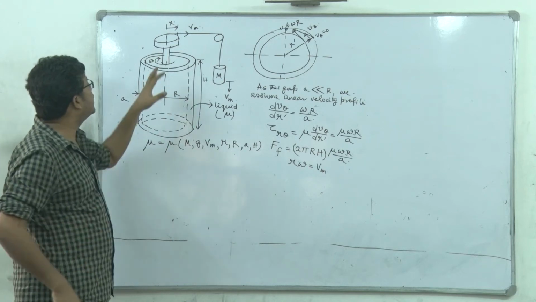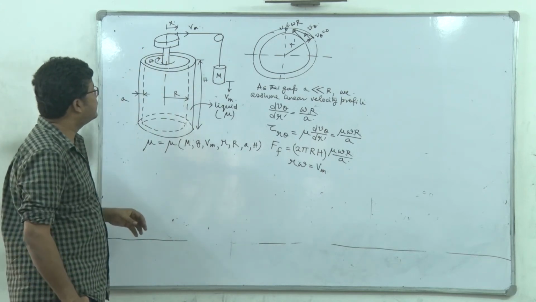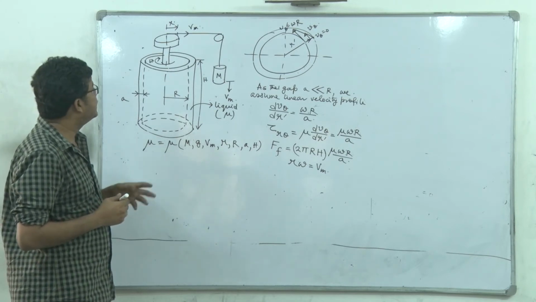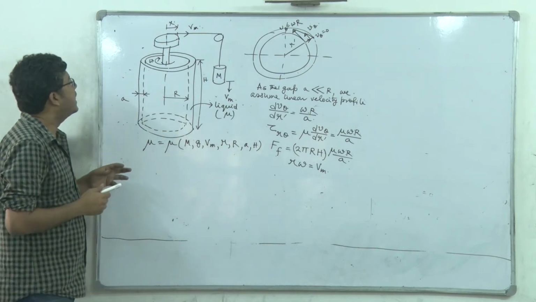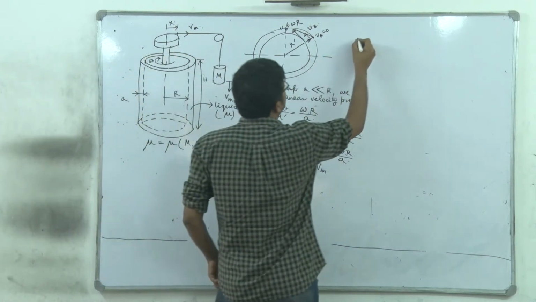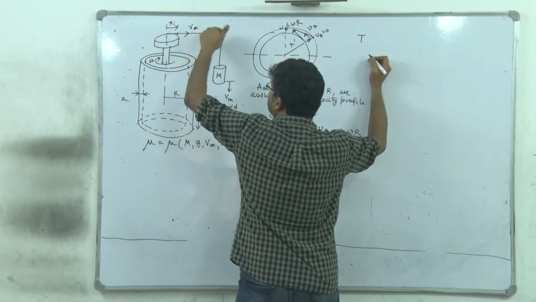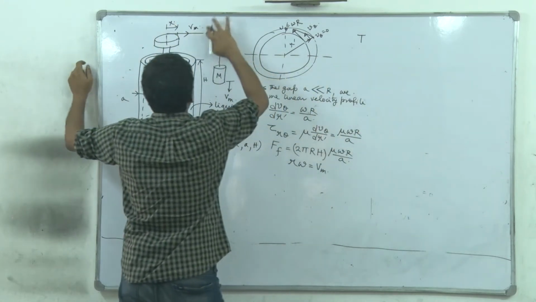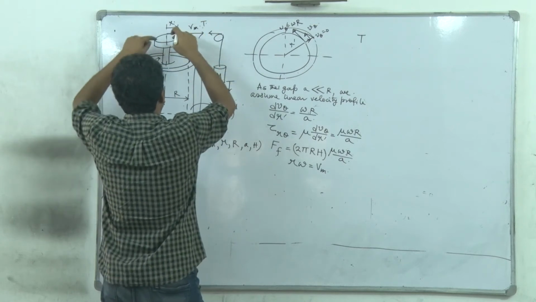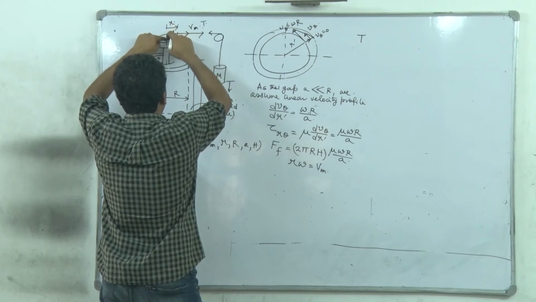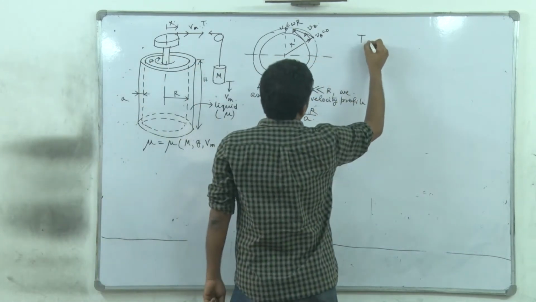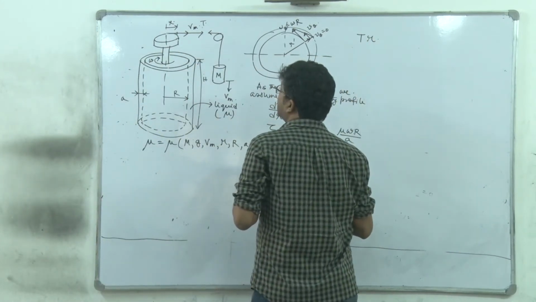Now in this system we cannot go by force balance because it is a rotating system. We have to go by the torque balance. So the torque balance will give you, say, here I have a tension. This tension is the force, and with respect to this r it will create a torque on this object, that is T into small r.